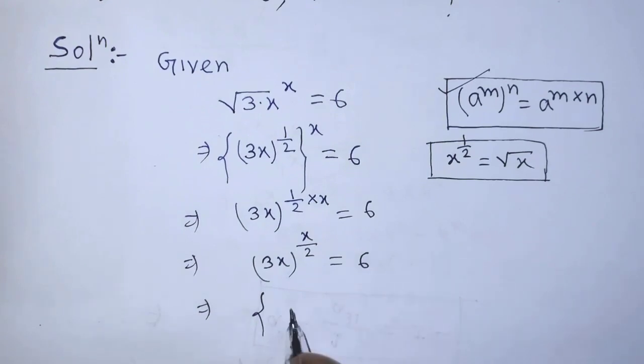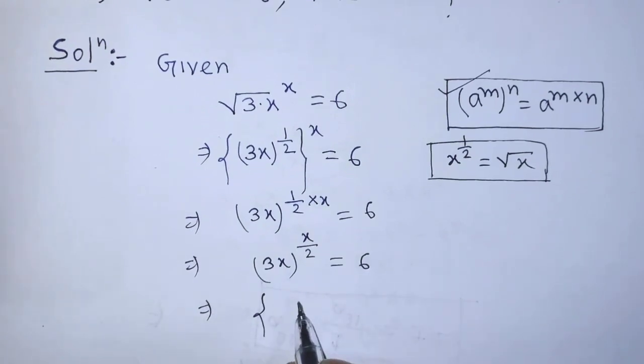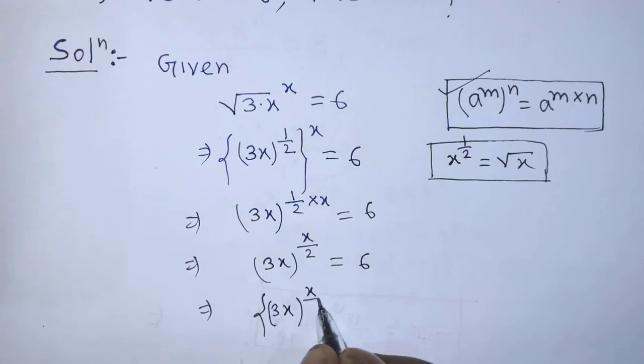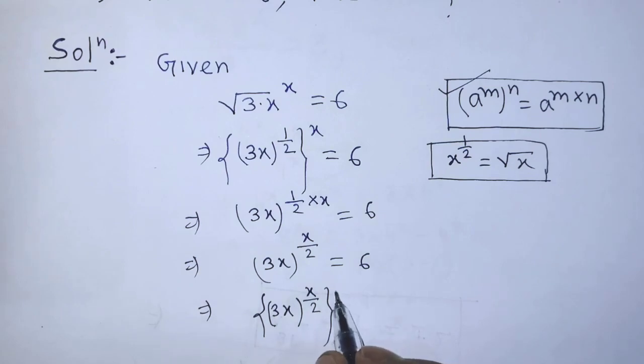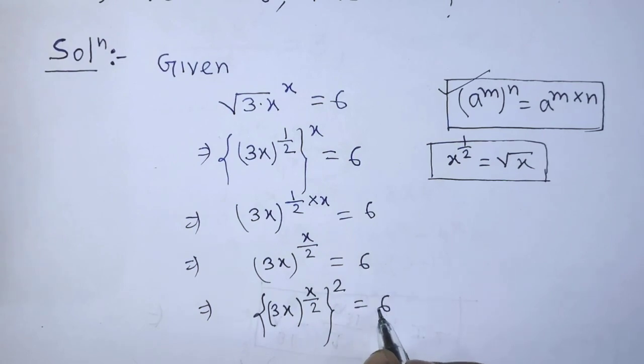So students, now we have to take power 2 on both sides of this equation. So we can write on the left hand side ((3x) to the power x over 2) to the power 2, is equal to, on the right hand side we have to write 6 to the power 2.